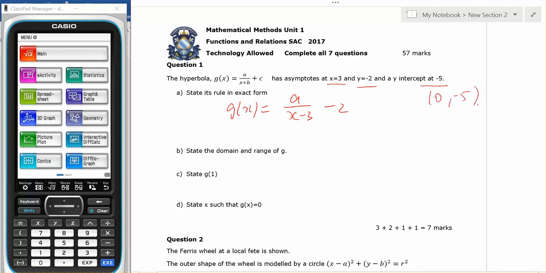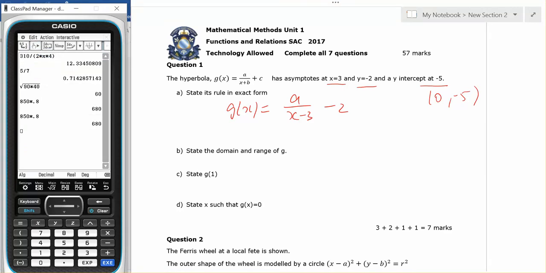Okay, so I'm going to pop on my main screen. And I am going to sub in what I know. So I'm going to go -5. When y is -5, x equals 0. So I'm just going to use x instead of a. x divided by -3 minus 2.